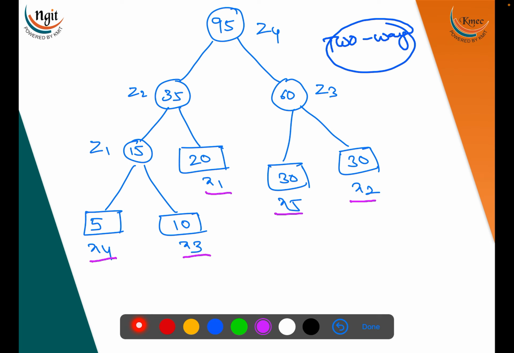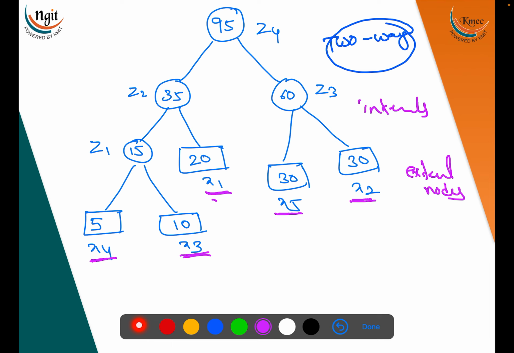Now, the leaf nodes, which I have shown with these rectangular boxes, are called external nodes, and the remaining nodes are called internal nodes.